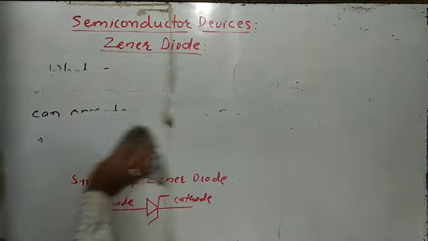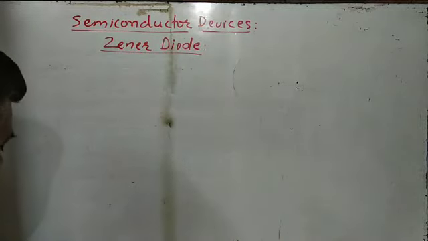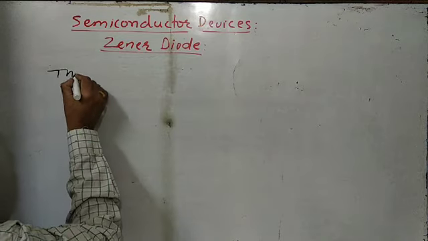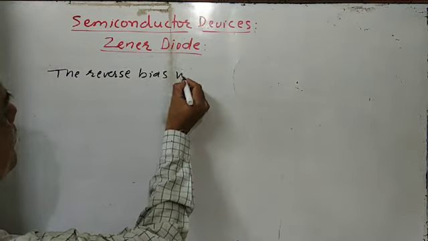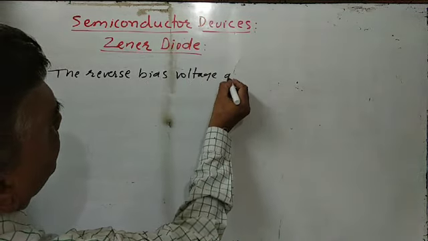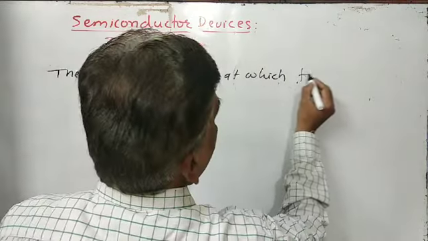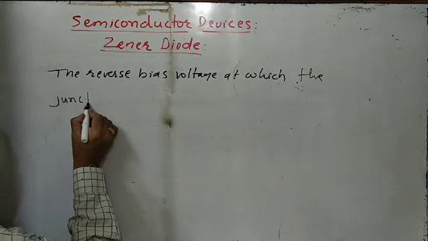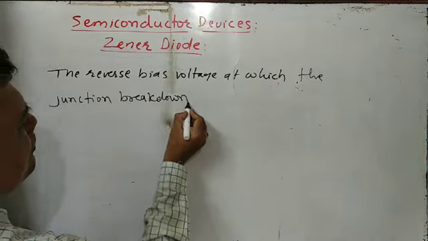Now we see the Zener breakdown voltage. The Zener breakdown voltage is the reverse bias voltage at which the junction breakdown takes place.